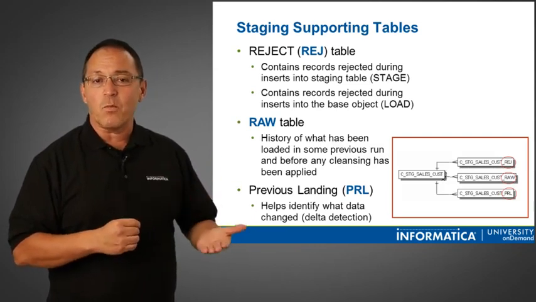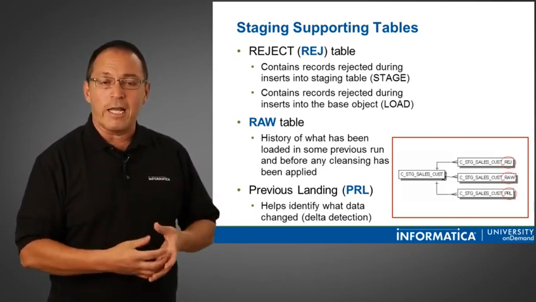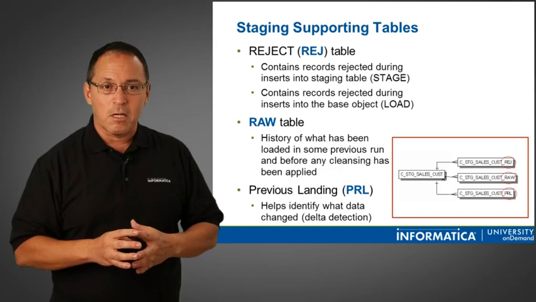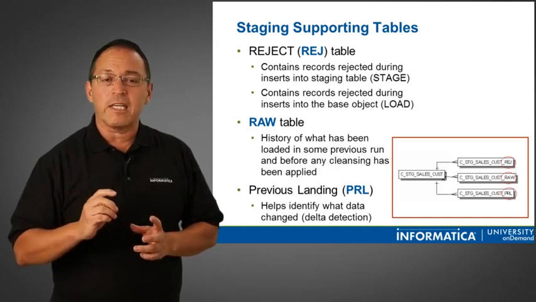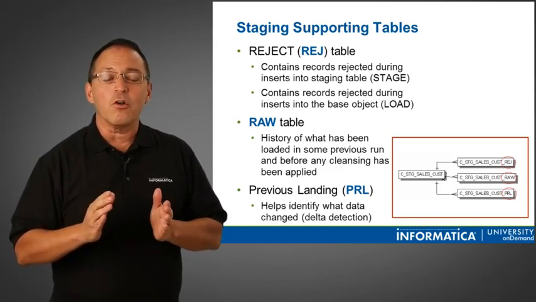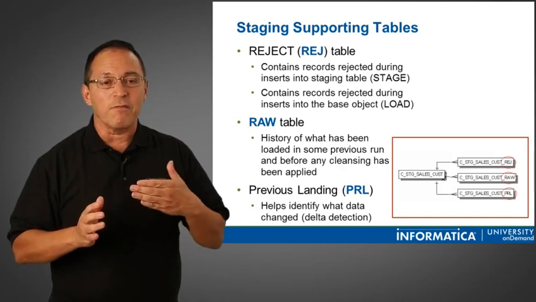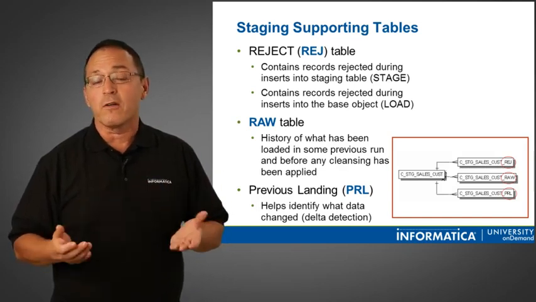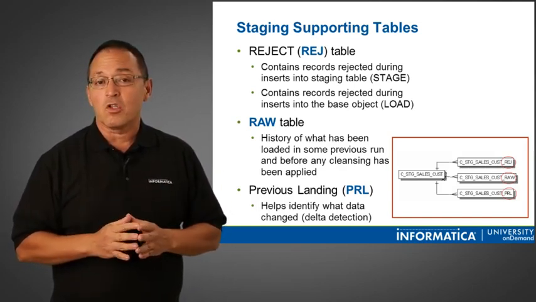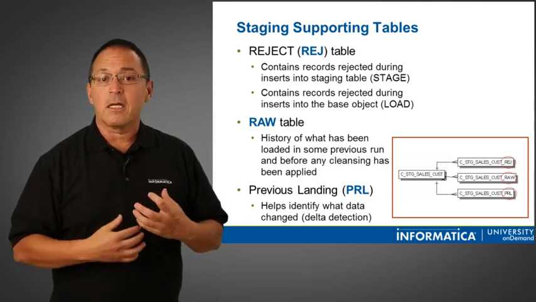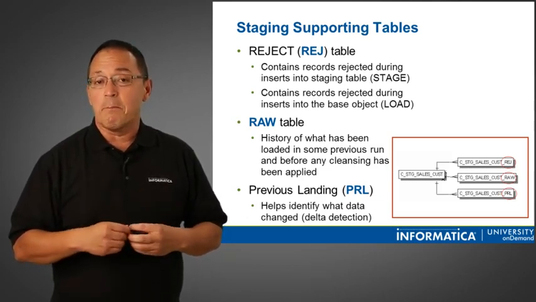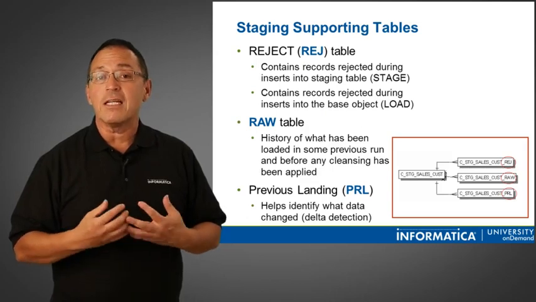So if yesterday we staged 10 records and today we have 20 records, if we have enabled delta detection, we only want the new 20 records, not the previous 10 records. Those records will be in the PRL. So PRL, again, consumes more resources, but it's great when you need delta detection.